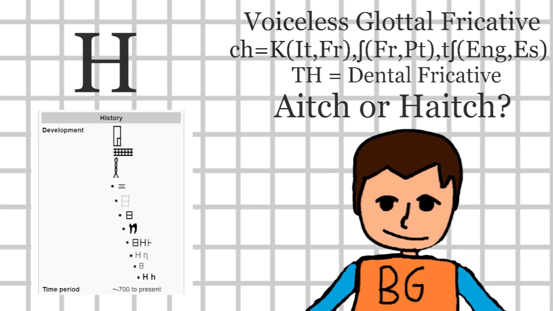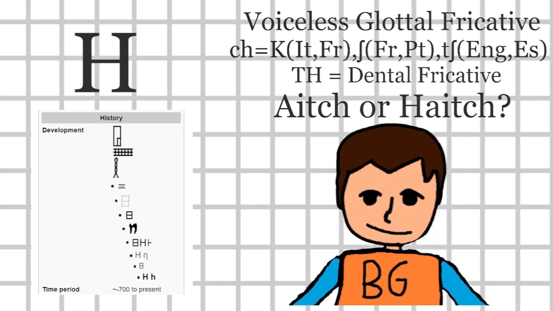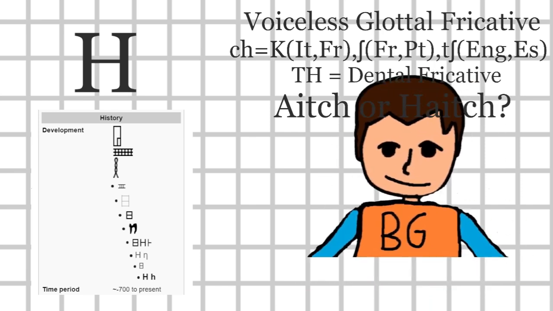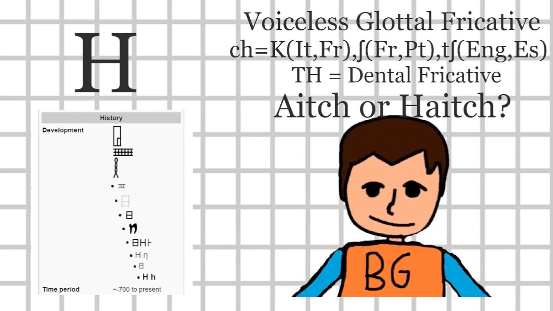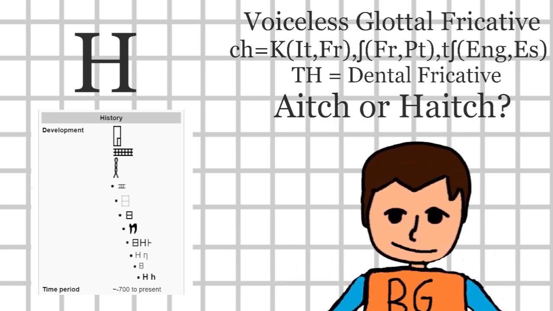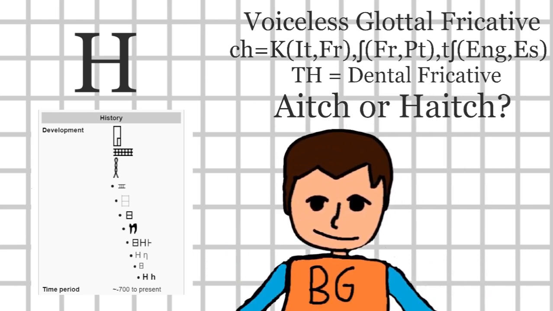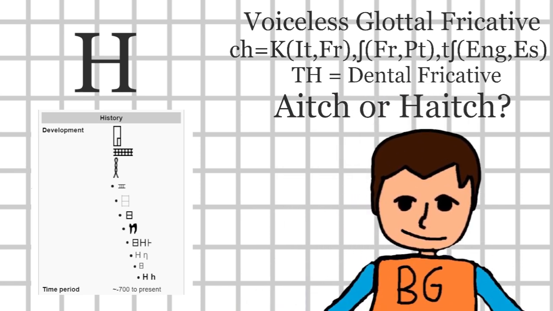Even X has its sound in its name. However, H is a unique letter because it doesn't have its sound in its name. It's pronounced as aitch, and it's considered standard English to pronounce it as aitch.